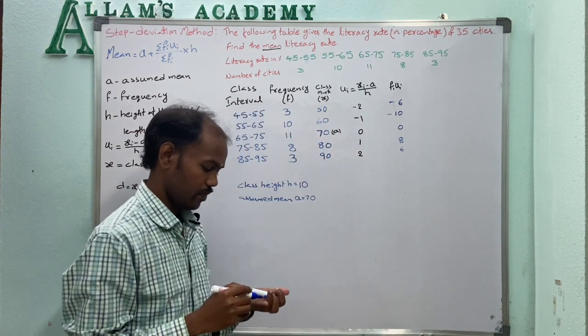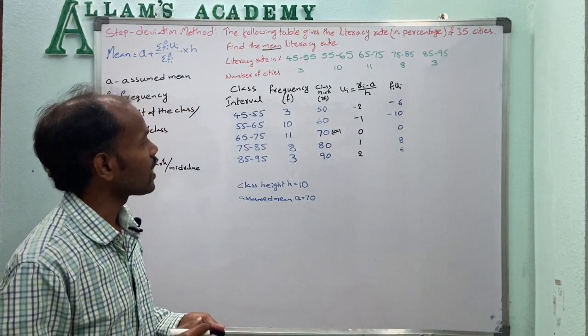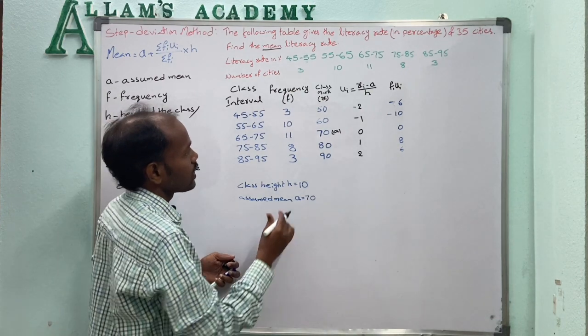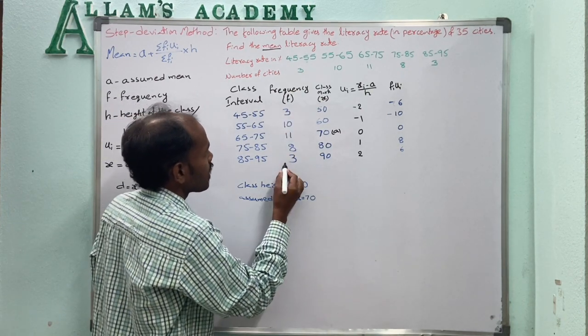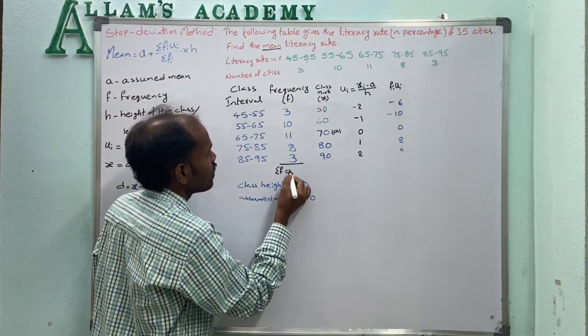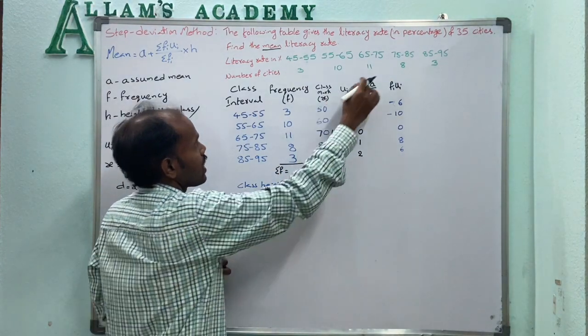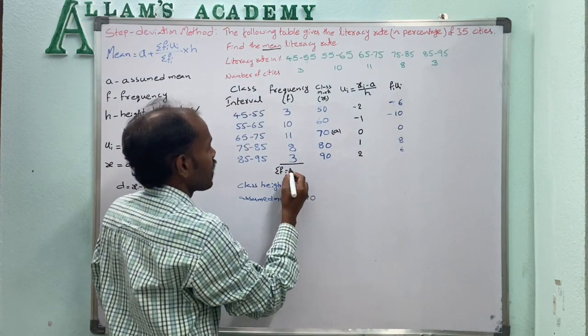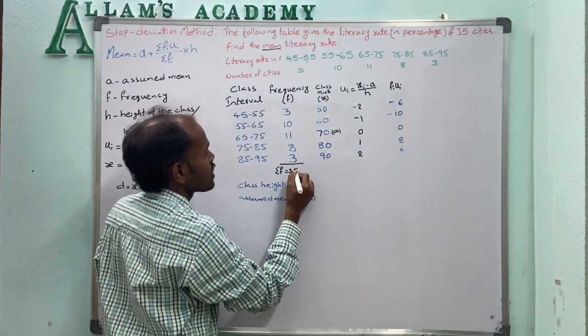Now we calculate the summation f. The summation f value is nothing but 35, already given as 35 cities.